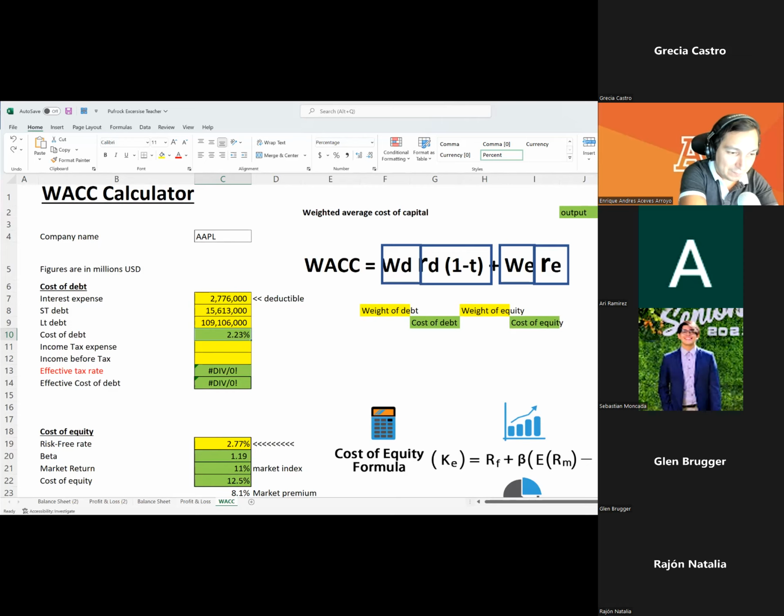Teacher, what do you want us to look for? Earnings before taxes and the tax provision, so we can know the effective tax rate.